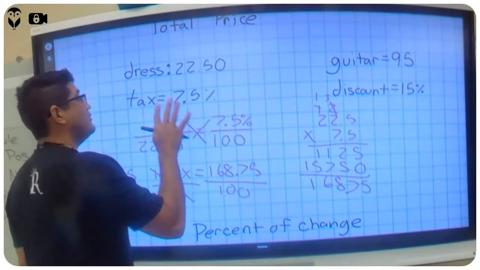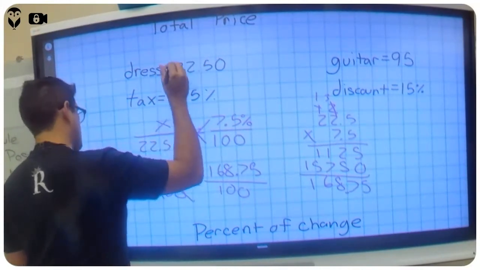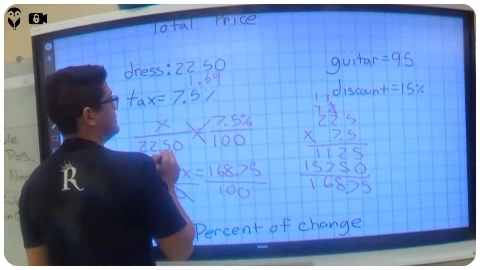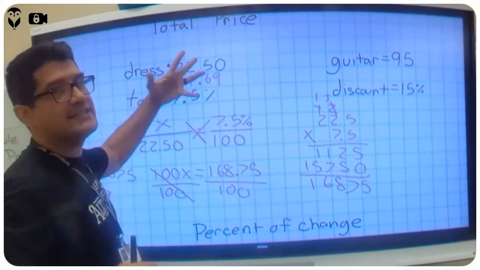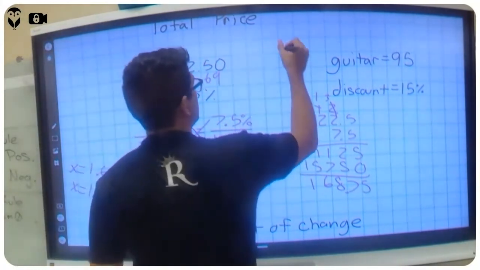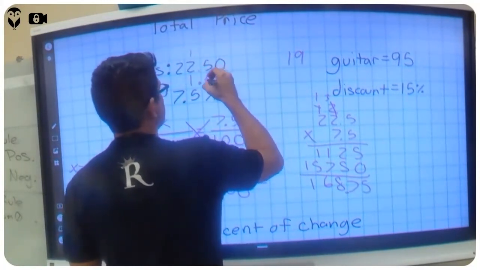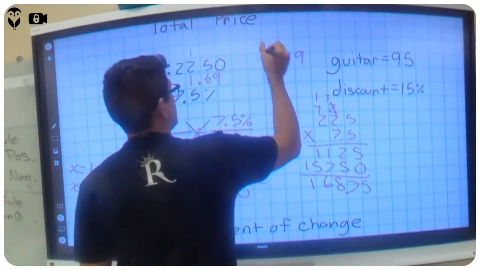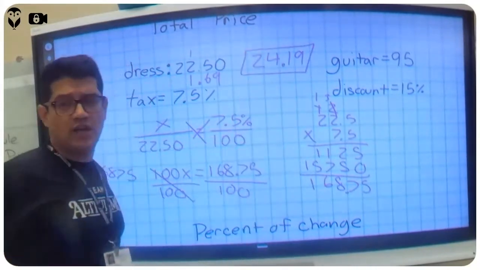So I know that the taxes increased this price by $1.69. Okay, so that was the increase. So I just had to add $1.69 to this. So our answer would be 2, 2, 5, 0 plus 1.69, and our total price at the end is $24.19.